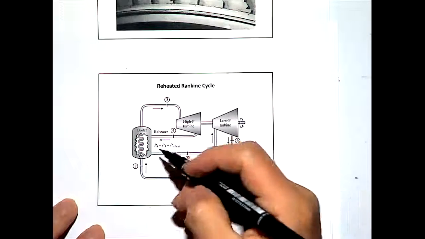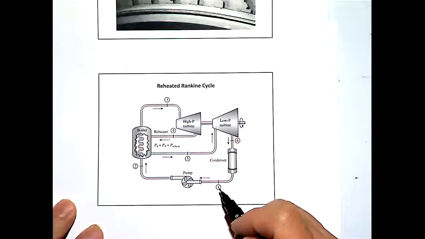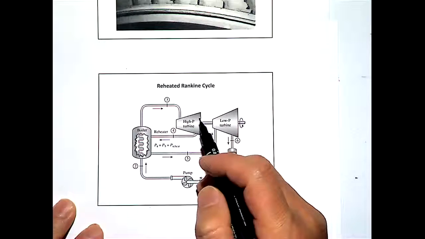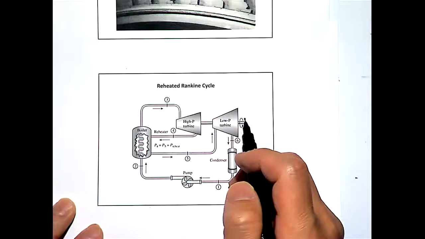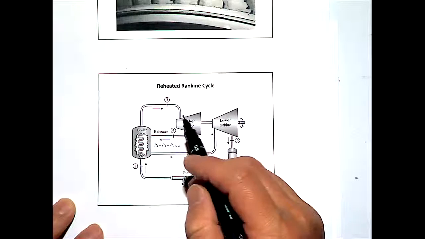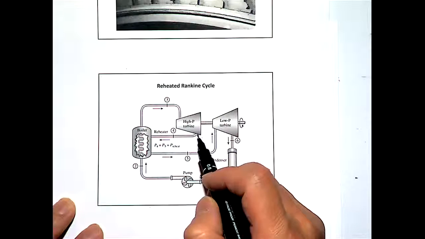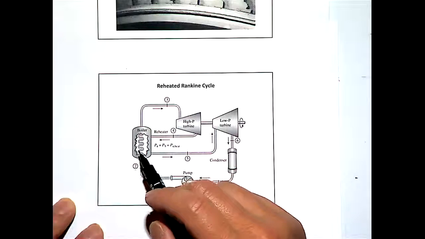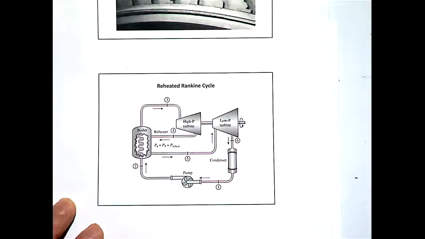So what happens here is you have the typical one from state 1 going through the pump, then through the boiler and the turbine. You have a two-stage turbine, the high pressure one, and after the high pressure one, the partially expanded steam goes back to the boiler to pick up more heat. That's called reheating.